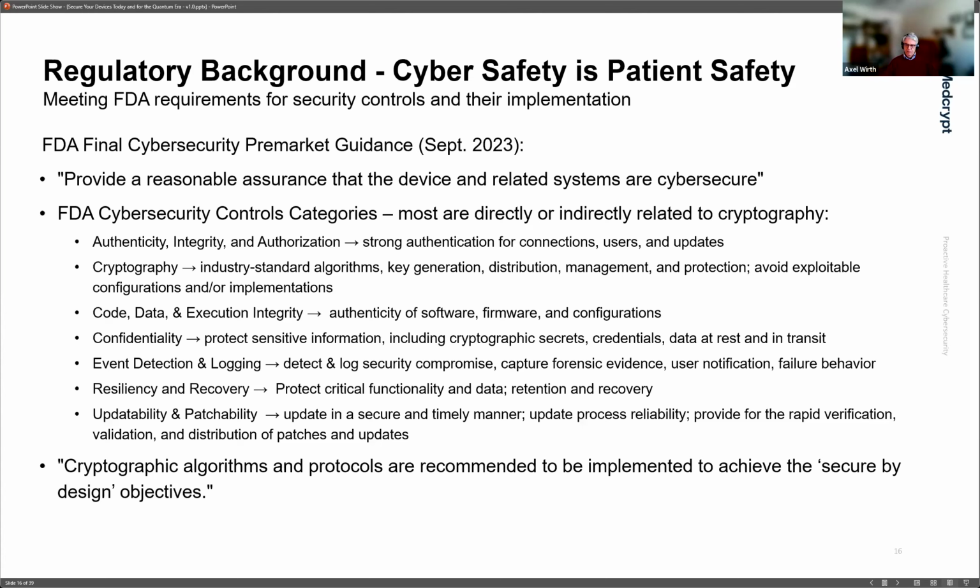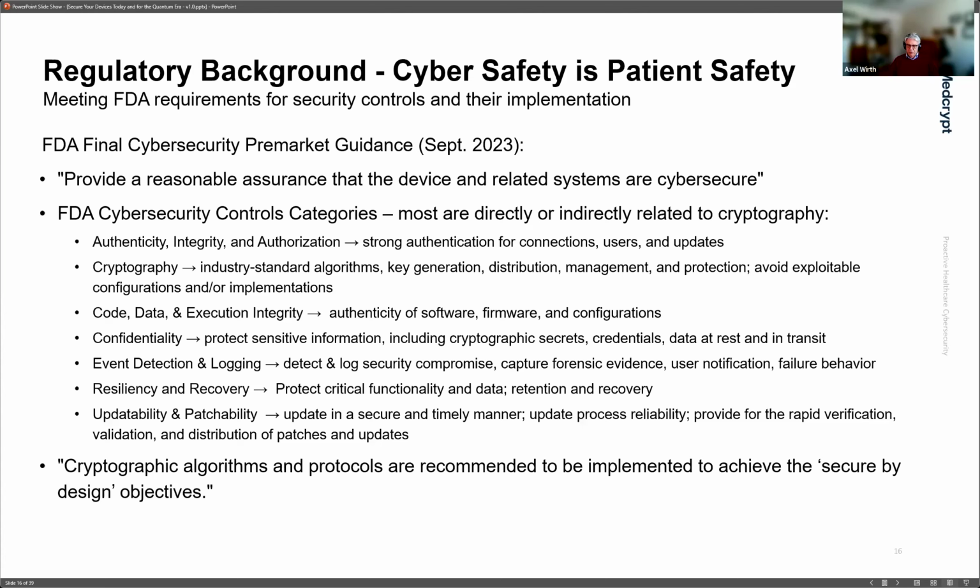Your device is part of a larger information system network in the hospital. Your device receives software patches by some path, be it network or via USB or other ways of getting patches on a device. That is all part of your cybersecurity posture, and you need to demonstrate that you have thought through all of those aspects to make sure that your device is secure.